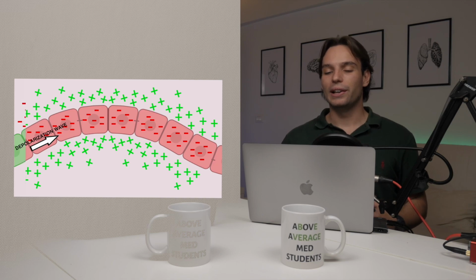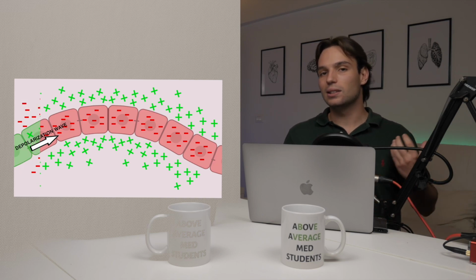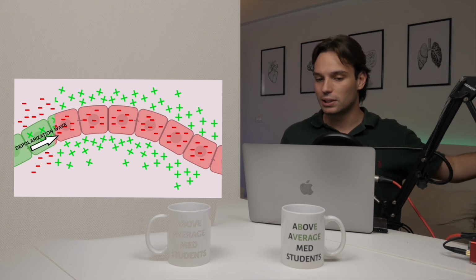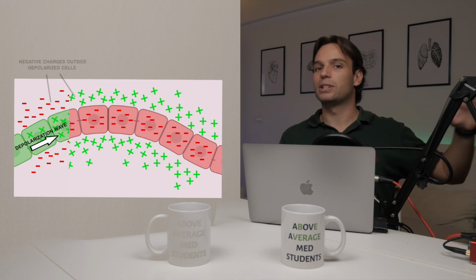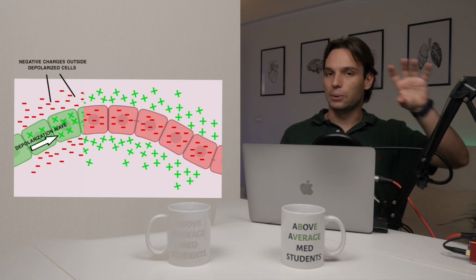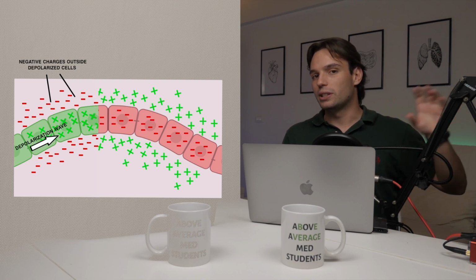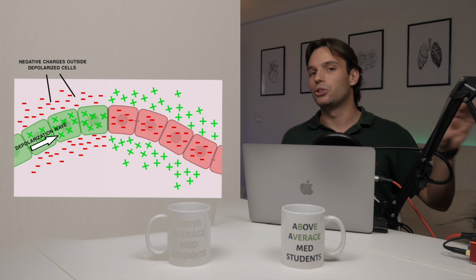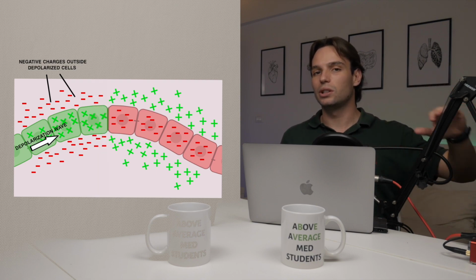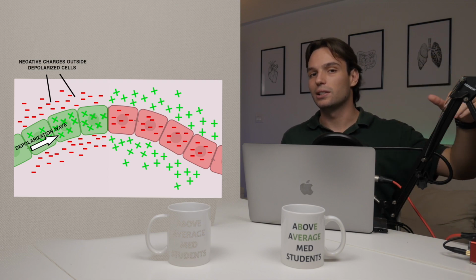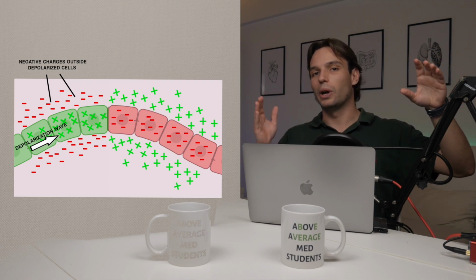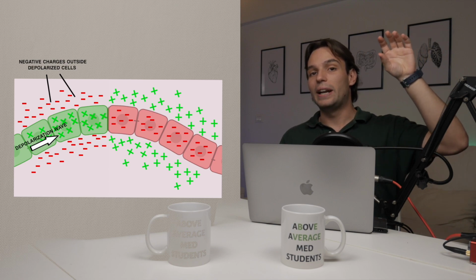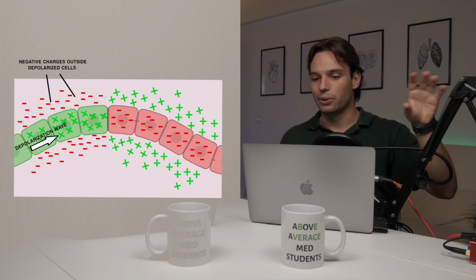Let's see why. A depolarization wave leaves behind cells that have been already depolarized, which thus present negative charges outside them and positive charges inside them. But remember, we don't care about the charges inside cells. So just consider that the depolarized cells left behind by a depolarization wave now have negative charges outside their membranes.